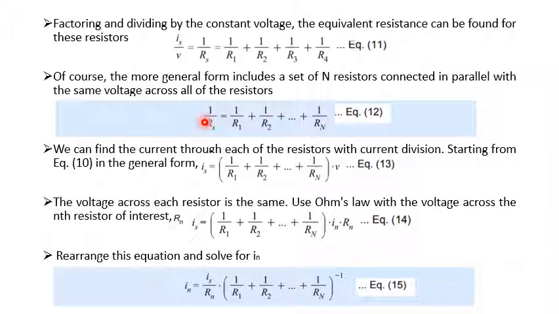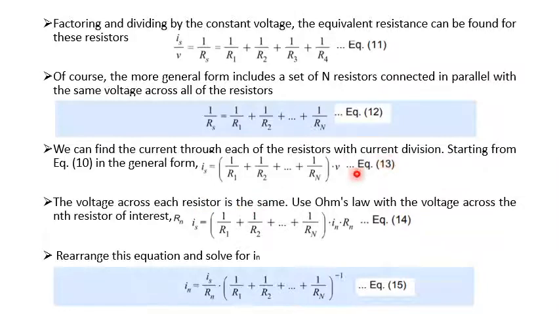Now we can find the current through each of the resistors with the current division rule. In general form, Is is equal to 1 divided by R1 plus 1 by R2 plus up to 1 divided by Rn, into V. From equation number 10 you can observe the voltage across each resistor is the same.